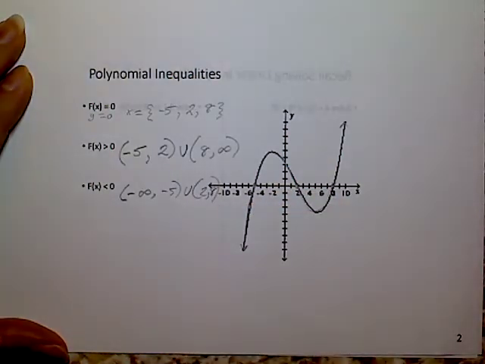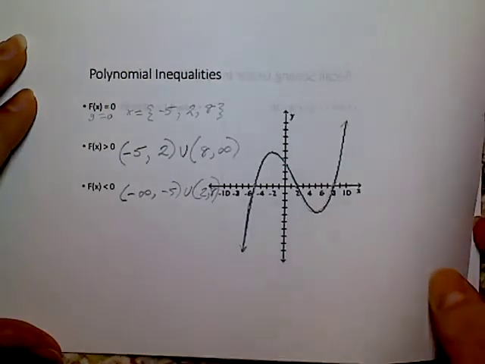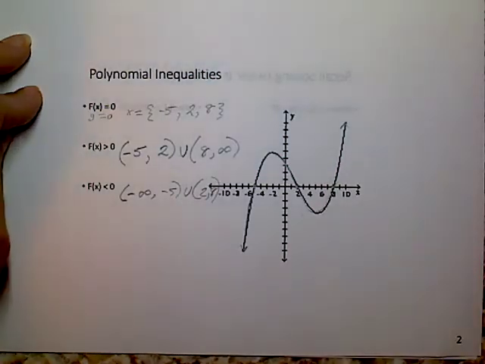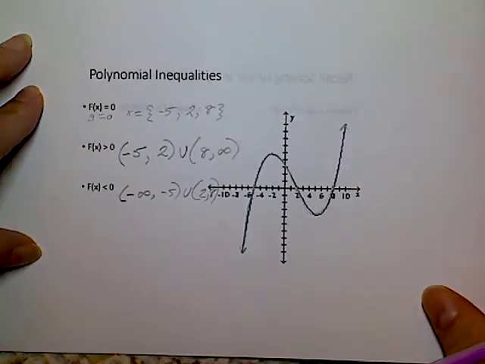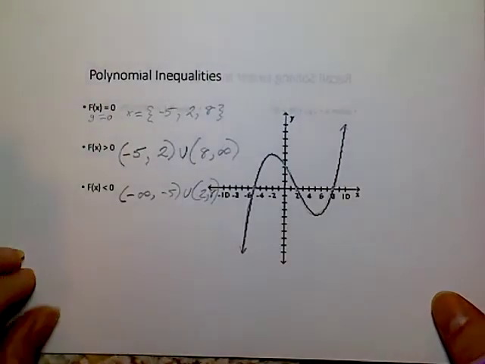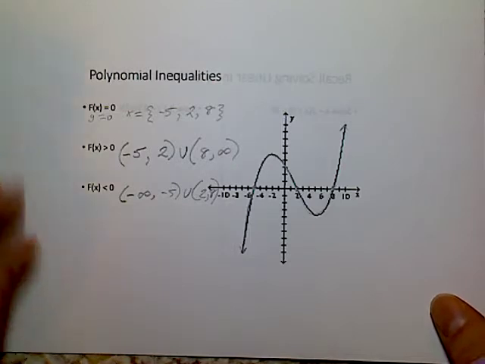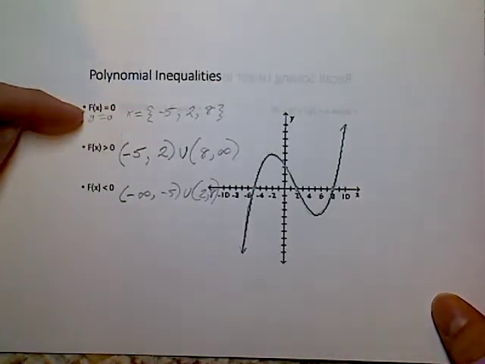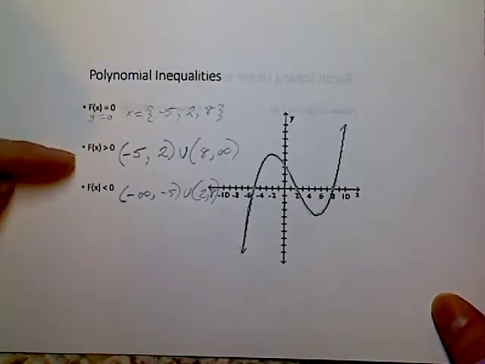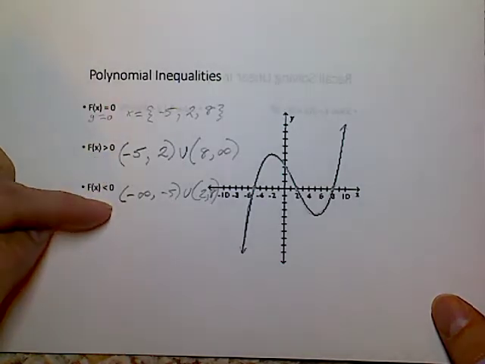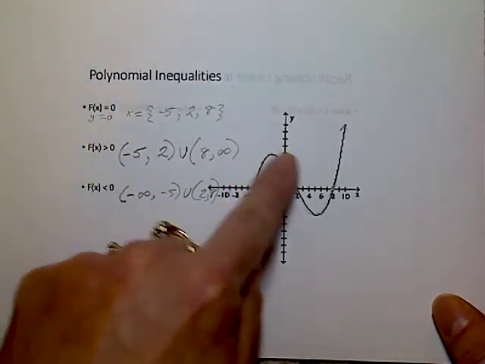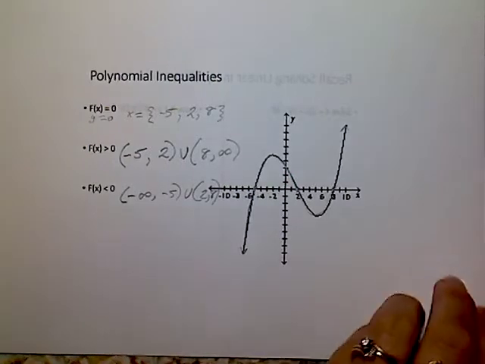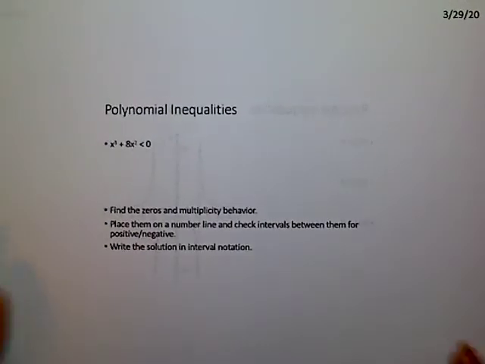And that will be where it's less than 0. So our solutions are going to look like a list when it's equal to, but we're not doing equal to's. It's going to look like intervals where the answer is positive or negative.